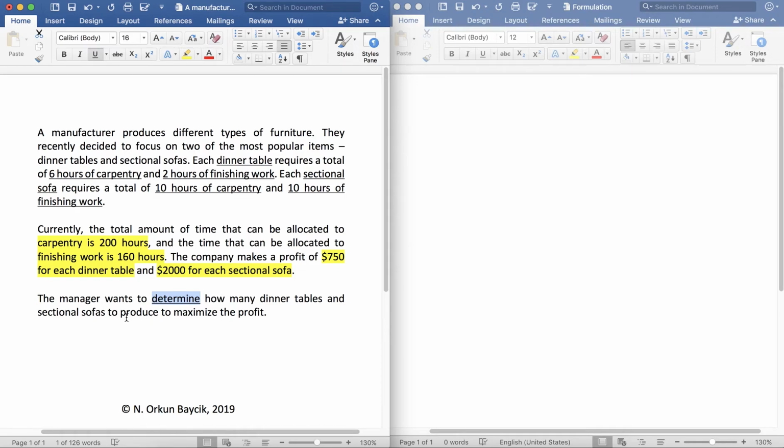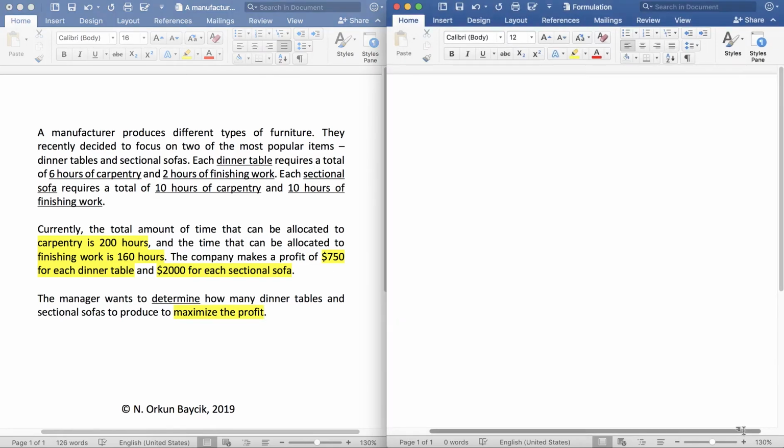And then the sentence ends by telling us what our objective is, which is to maximize the profit. Okay, so this is important. We first decided what the decisions to make are, and then second, we identified what the objective is. Okay, so these are important.